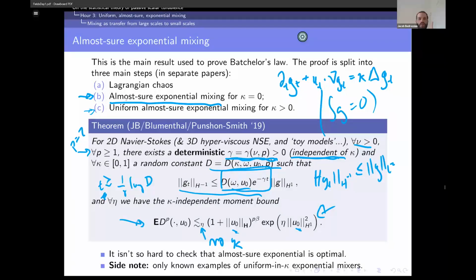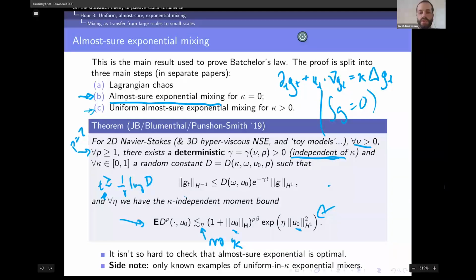Okay, so, one more important point that I want to make while I'm here is that this is optimal in the sense that you can prove, actually it's much easier to prove this, though not completely trivial, that there exists, again, a random constant D, sort of D prime, and a deterministic constant gamma prime, such that this holds.